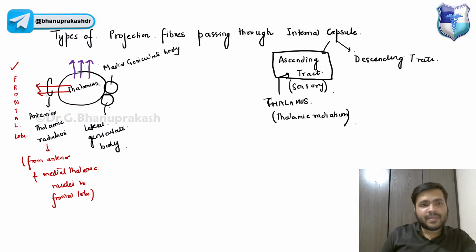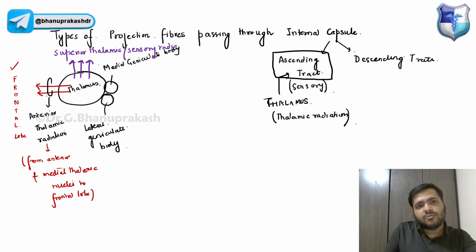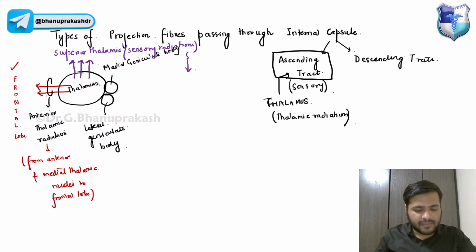So basically, let us try to write the names first. These are called the superior thalamic or sensory radiations. Now, guys, just try to remember over here.